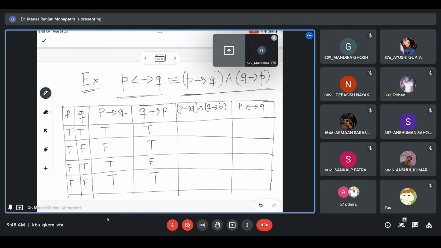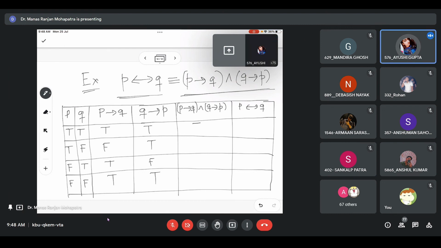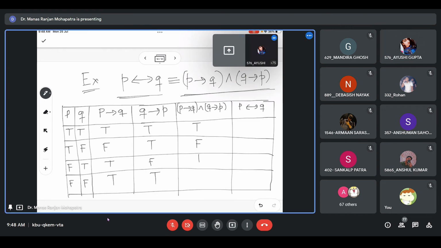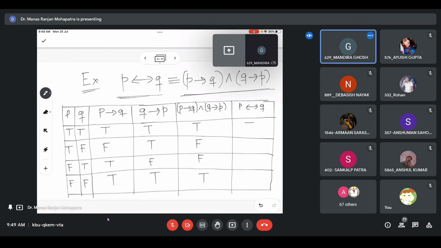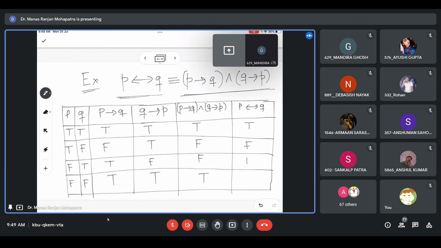True, false, false, true. Good. How about the double implication? True, false, false, true. Okay. Now from here you can verify that these two compound statements have the same truth value. This gives the proof for the equivalence: P double implication Q is exactly equal to P implies Q and Q implies P.